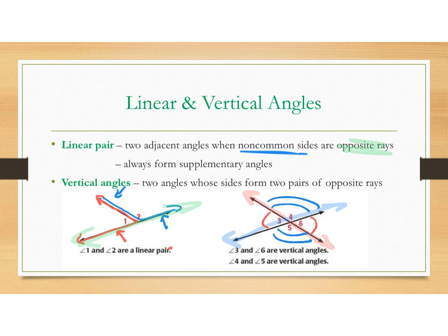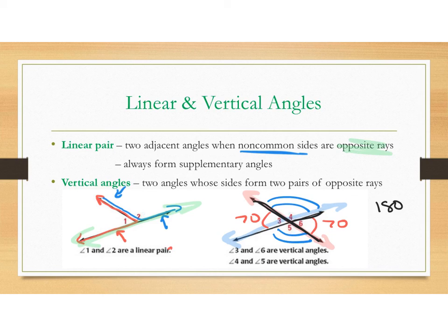Now coming up, you're going to learn that vertical angles are congruent. That's why I put the same type of markings on the pairs of vertical angles. So if, for example, angle 3 were 70, then angle 6 would be 70, and then I could figure out how much angle 4 is, because it's a linear pair with 3.